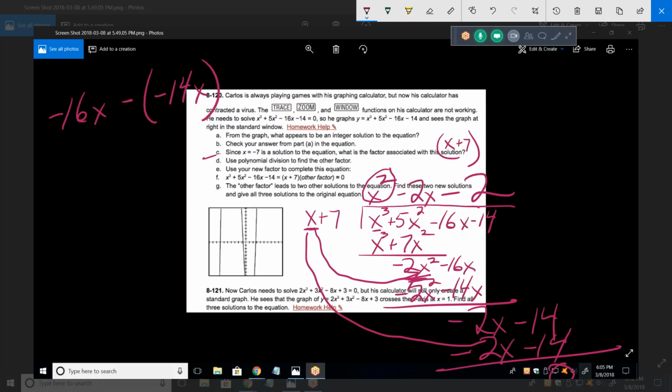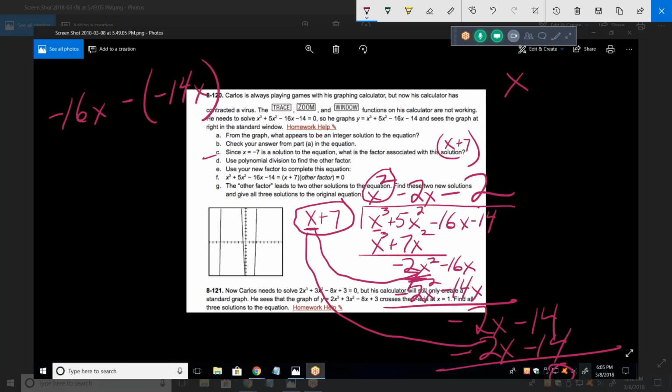It's called the zero factor theorem, which means when you take a known factor, we know that x plus 7 is a known factor of this cubic, and if we divide it, we better not have a remainder. If we have a remainder, then x plus 7 is not a factor. But that's how you do the long division.